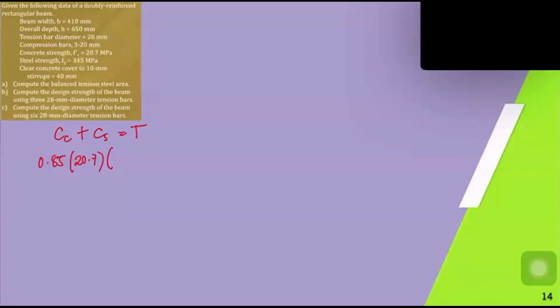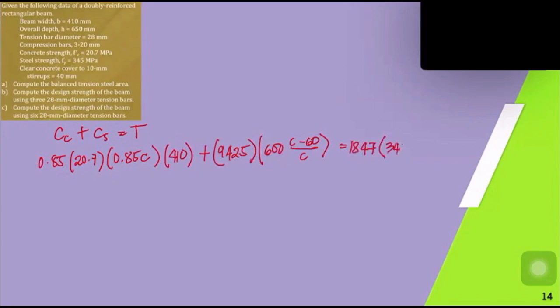So 0.85 f'c, 410 b, plus we have Cs prime, 442.25 fs prime, where fs prime is 600 times c minus d prime over c, equals the tension.